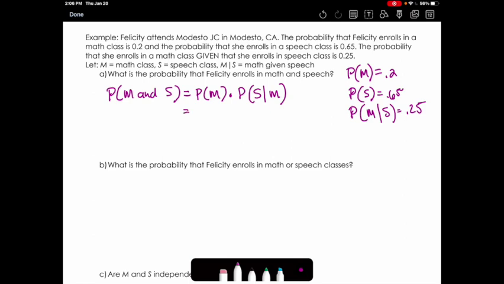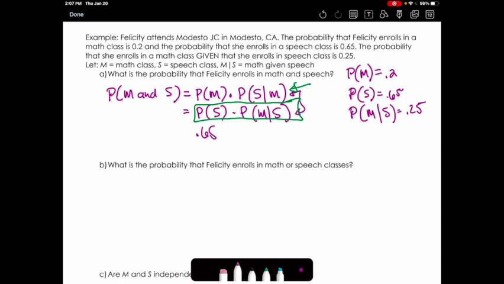Okay, though that's one way we could do it. The other way, if we switch the letters around, we could do this as well. Now, these two should be the same. However, we do not have enough information to use this first one, so we're going to use the second one.